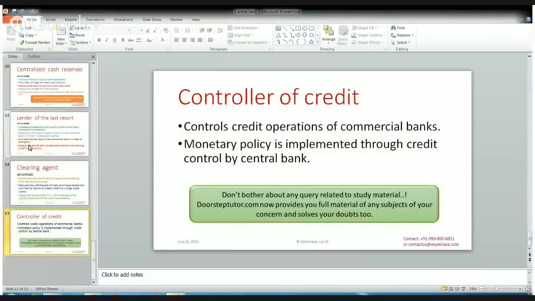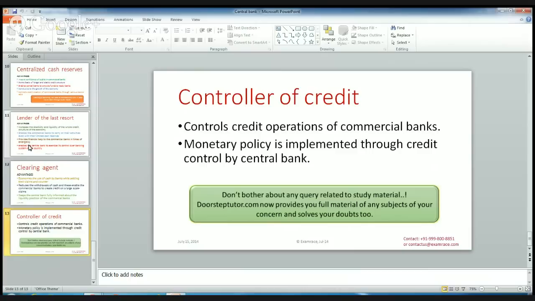The next function performed by the central bank is the controller of credit. Credit is a very crucial phenomenon. It has a pivotal role in business transactions. So the control of credit also becomes very important.